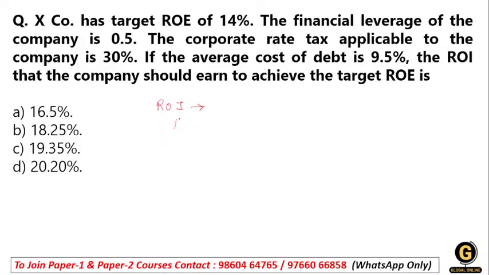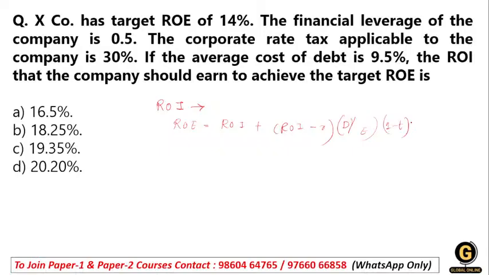The formula for the ROE will be ROI plus (ROI minus R) times D divided by E, then times (1 minus T).